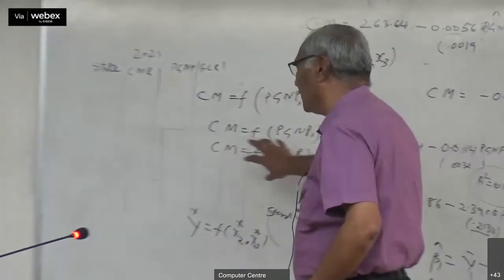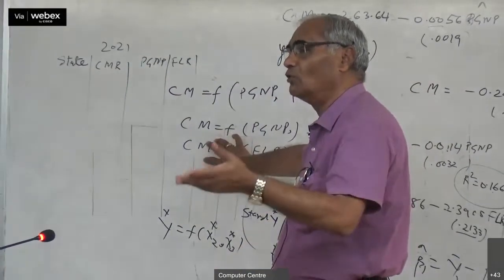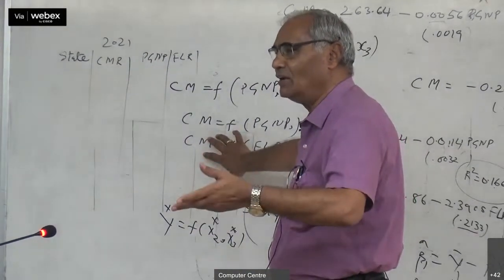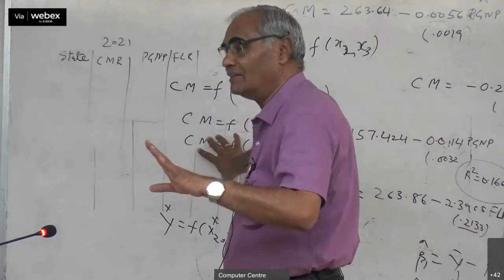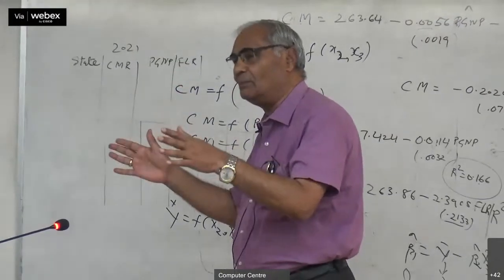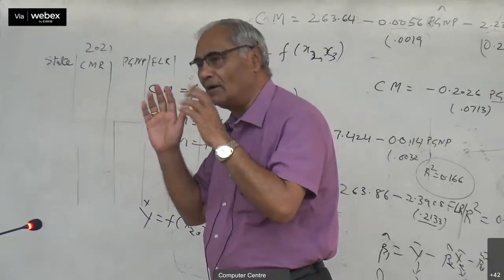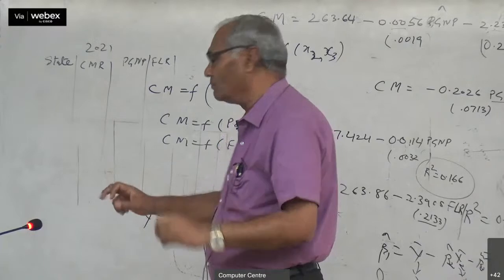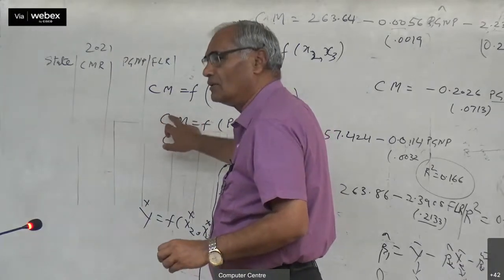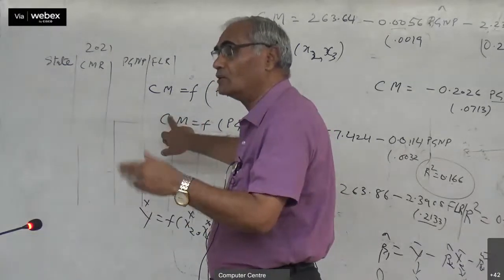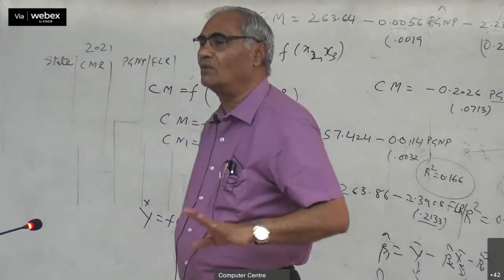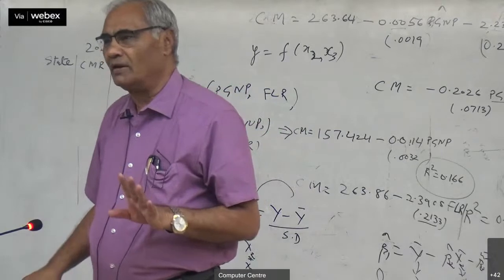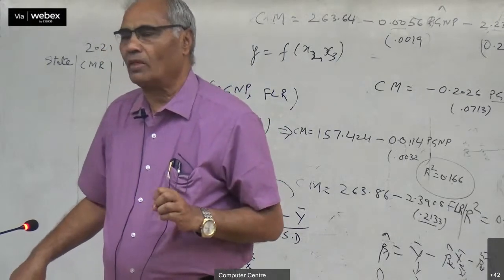Now, if you convert your dependent variable into log value or standardized value, R square may change. Even though the size of the sample is the same and the number of independent variables is the same, if you change from the simple value to log value or to percentage value, there is a possibility that R square will change. Okay? Any other point?